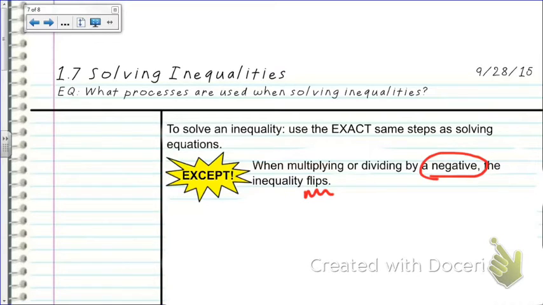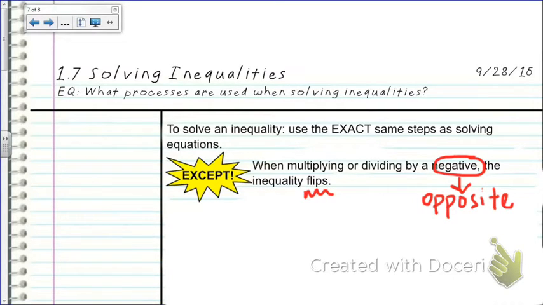And that's because negative, does anybody know another word for negative? Besides subtract. Like, what does negative technically actually mean? Less than. How about opposite? So technically, another word for negative is opposite. So the negative means that you're going in the opposite direction on the number line.